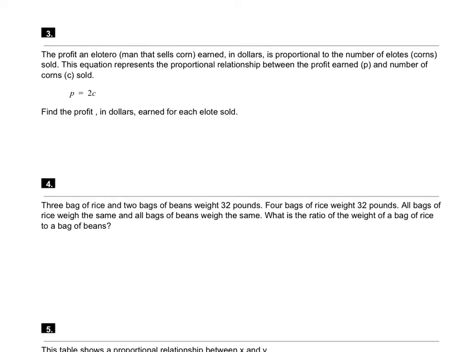The question is telling you to find the profit in dollars earned for each elote, or corn, sold. So we're looking for each, that means 1. If he sells 1 corn, P equals 2 times 1, your answer is 2. And we are totally done with this problem.